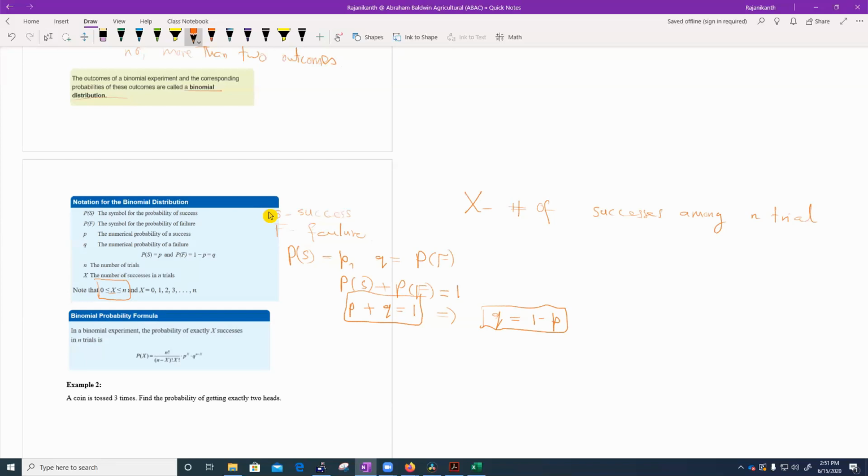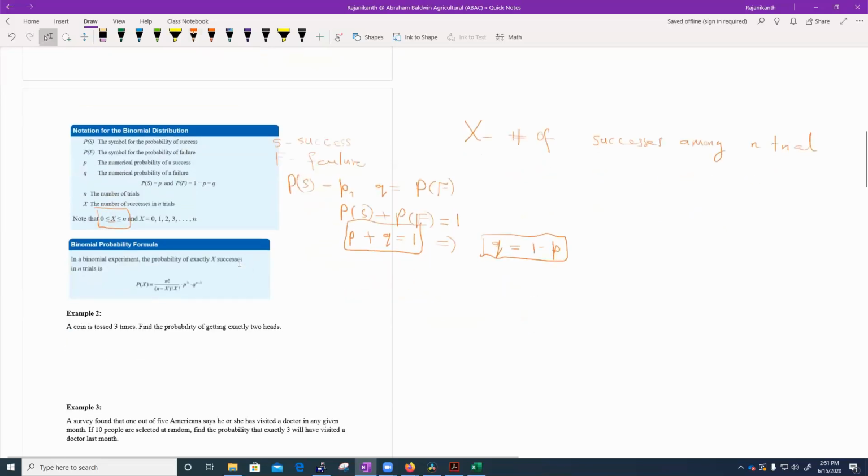If these are the notations we are given, that means the binomial probability P of x means what? The probability of the number of successes you are looking for, which is given by n factorial over n minus x factorial times x factorial, times p to the power x times q to the power n minus x. We are familiar with this part, n factorial over n minus x factorial and x factorial. What is this? Look at the combinations formula we learned earlier.